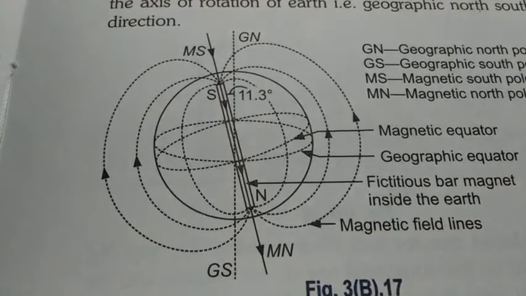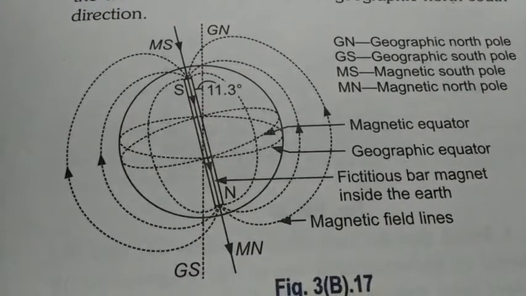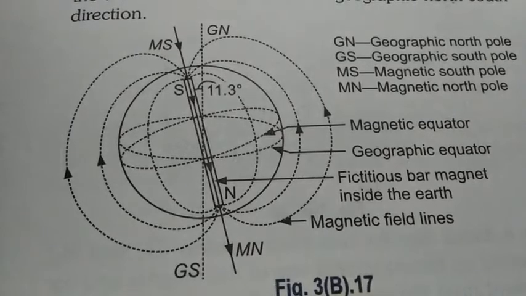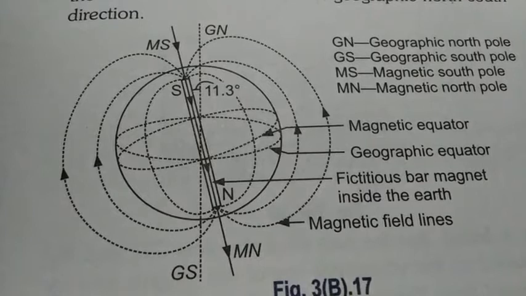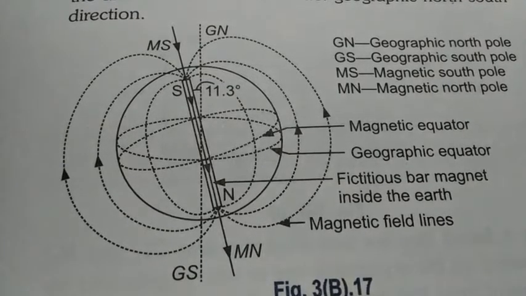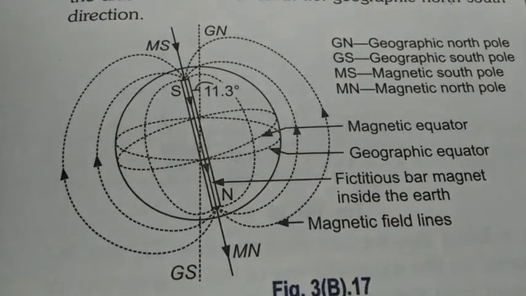The variation in the magnitude and direction of Earth's field occurs both in the short term and in the long term. And let me tell you one more interesting fact, that the magnetic north and south poles keep shifting from their position. The magnetic pole was initially in Canada, then it shifted towards the right-hand side direction.